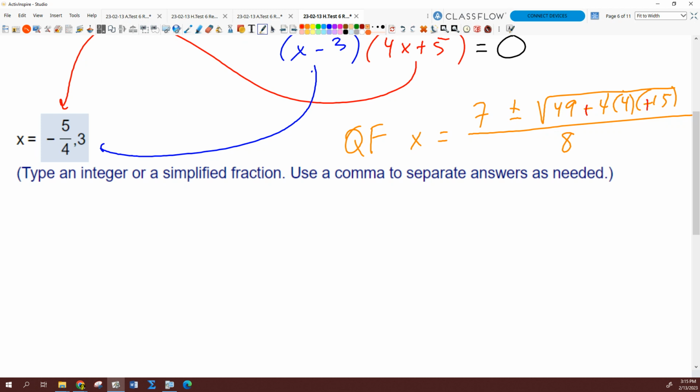So I end up with x equals 7 plus or minus the square root of 49 plus 16 times 15, which is the same thing as 15 squared plus another 15, right? 15 squared is just 225, plus another 15 is 240. 49 plus 240 is 289. 289 is what squared? 17. Yep.